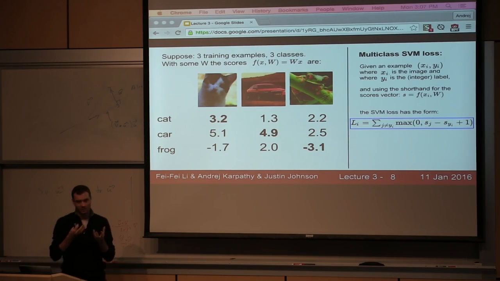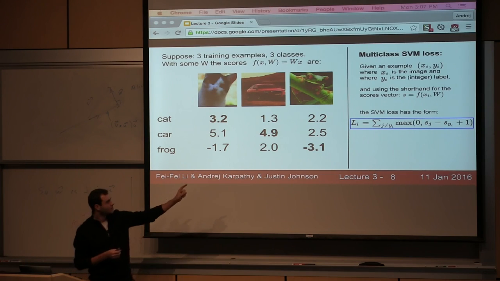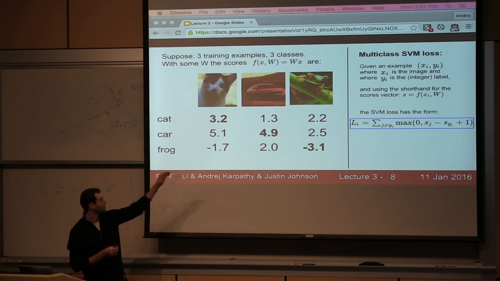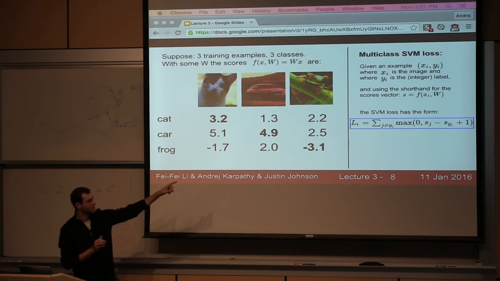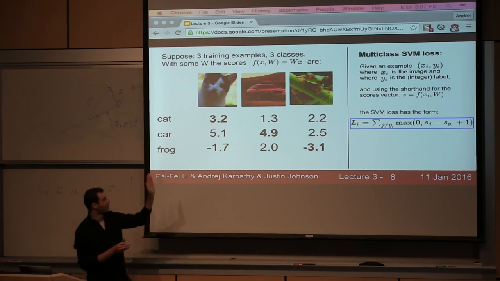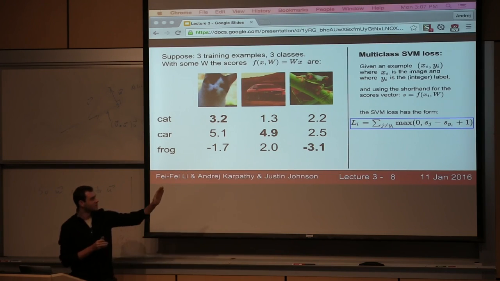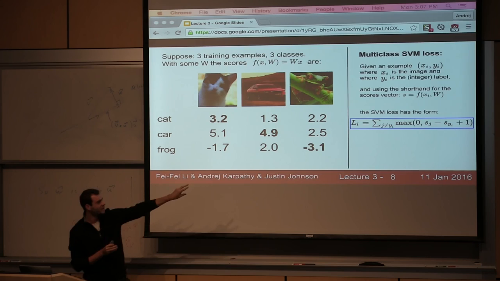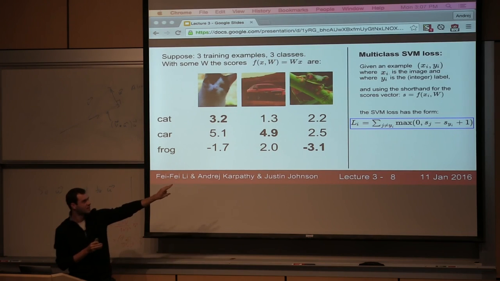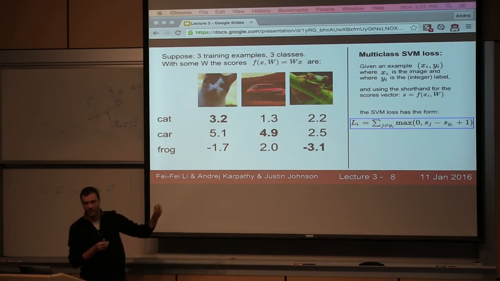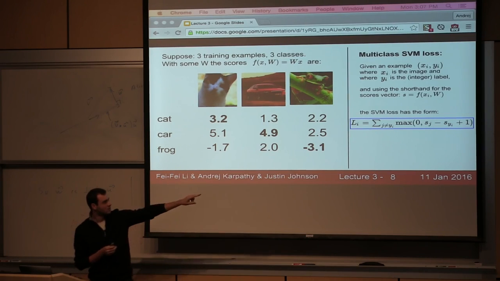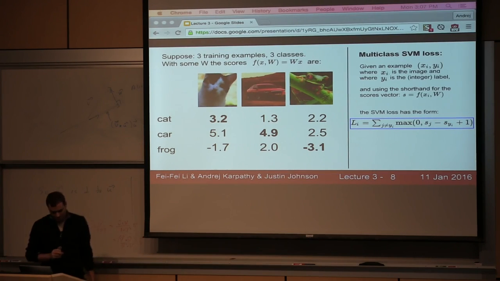Effectively, what the SVM loss is saying is that it's summing across all the incorrect classes. So for every single example, we have that loss, and it's summing across all the incorrect classes, and it's comparing the score that the correct class received and the score that the incorrect class received, s_j minus s_yi, with yi being the correct label, plus 1, and then that's maxed with 0.